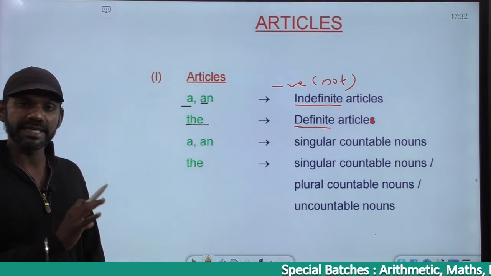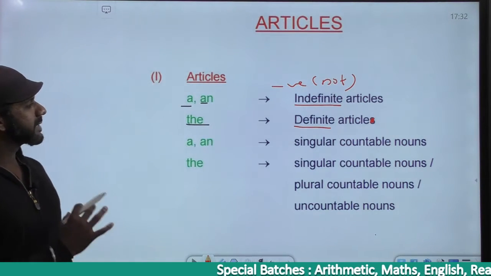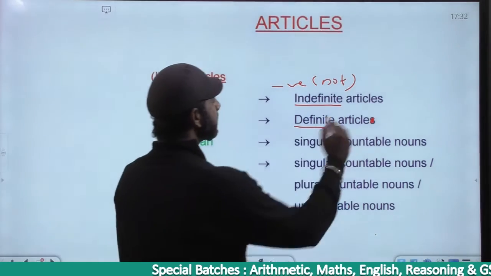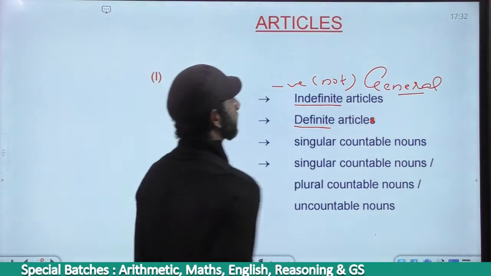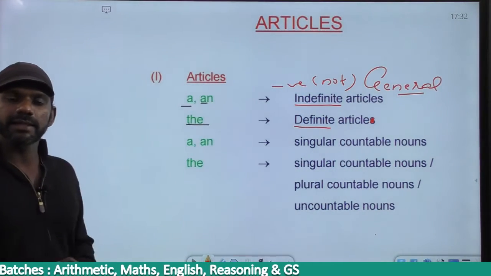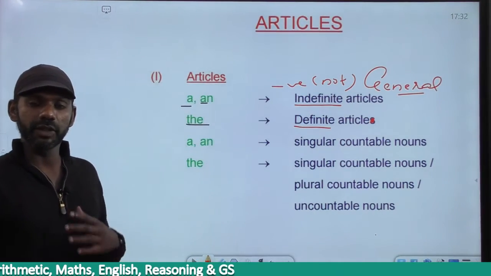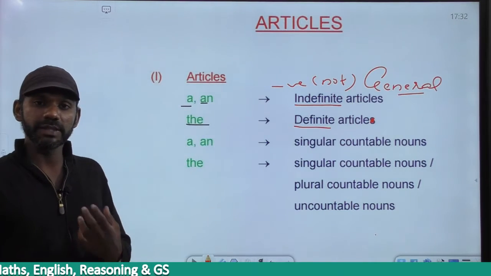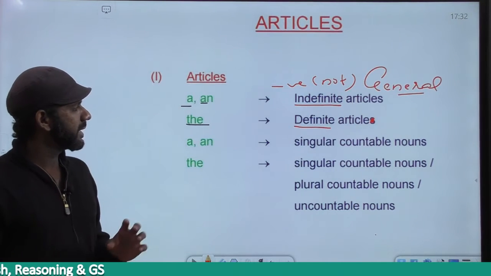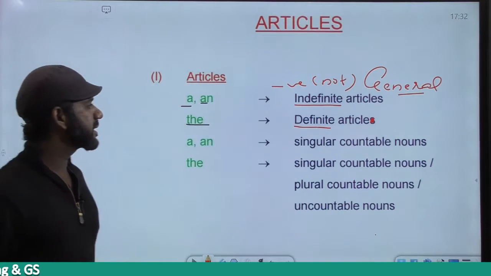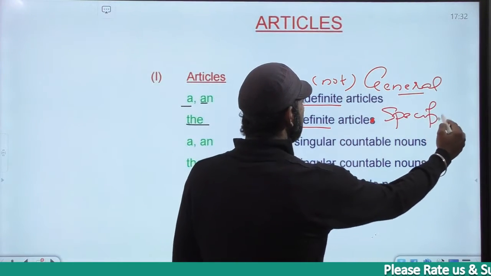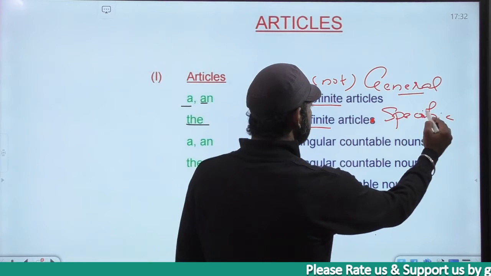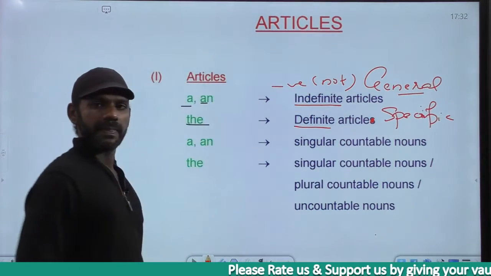That's why they're termed as indefinite articles. That means a and an indefinite articles are taken as general. The is called the definite article because we use the to refer to a specific person or a specific object. That means the definite article is taken as specific. A and an are taken as general, the is taken as specific.